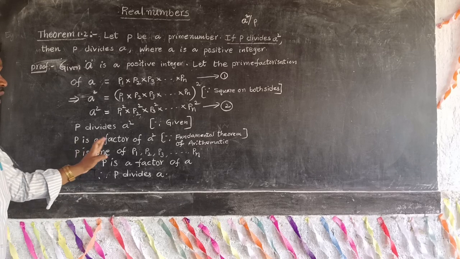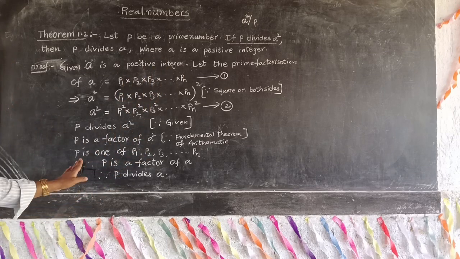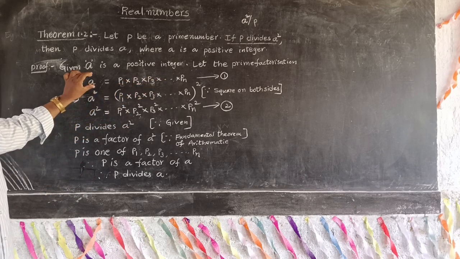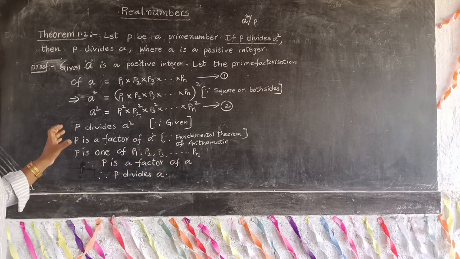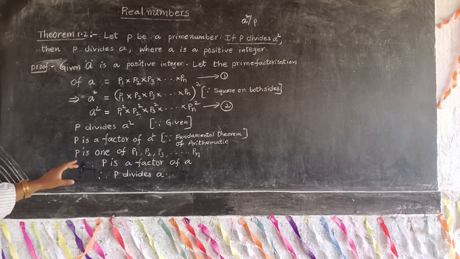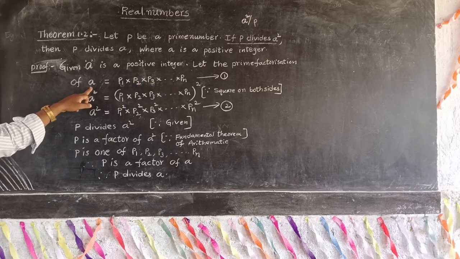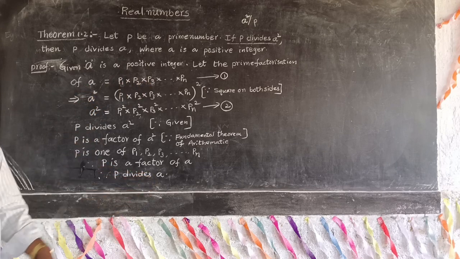These P1, P2, P3, Pn are in A square and also in A. Therefore P is a factor of A, that means P divides A.